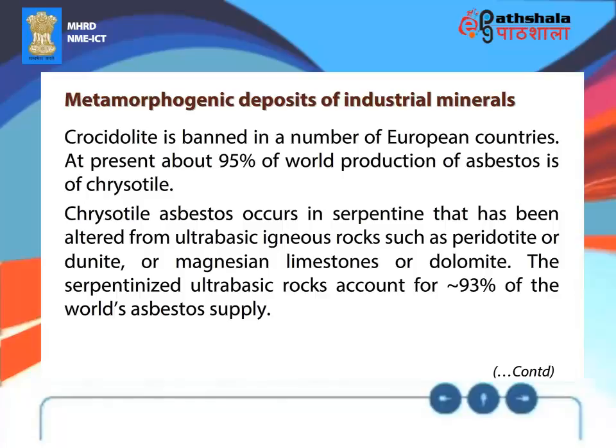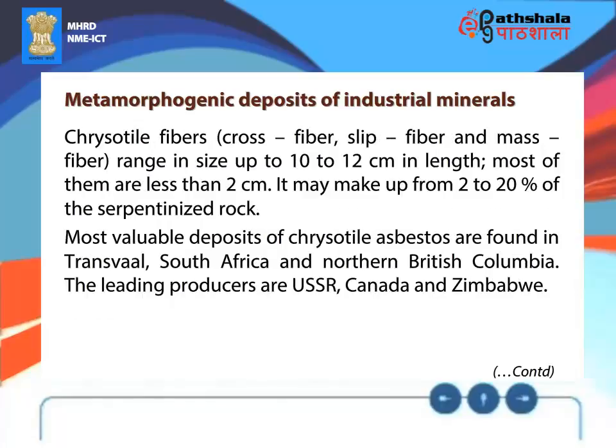Chrysotile asbestos occurs in serpentine that has been altered from ultrabasic igneous rocks such as peridotite or dunite, or magnesian limestones or dolomite. The serpentinized ultrabasic rocks account for approximately 93% of the world's asbestos supply. Chrysotile fibers, cross fiber, slip fiber and mass fiber, range in size up to 10 to 12 centimeters in length.